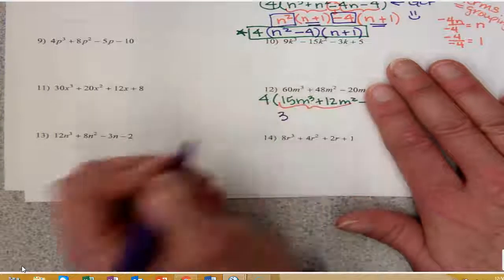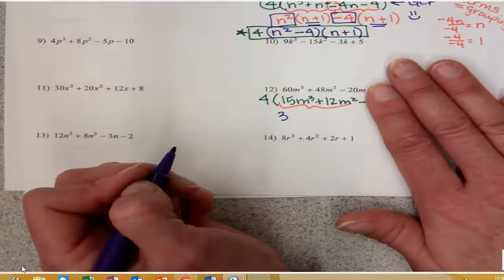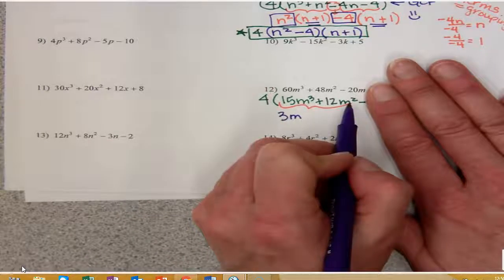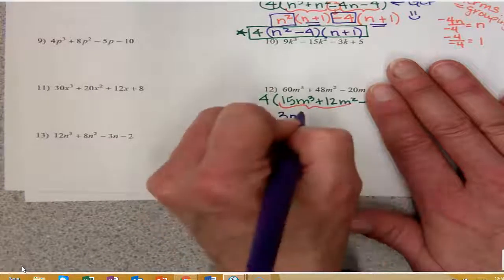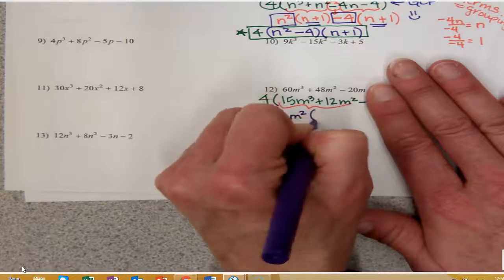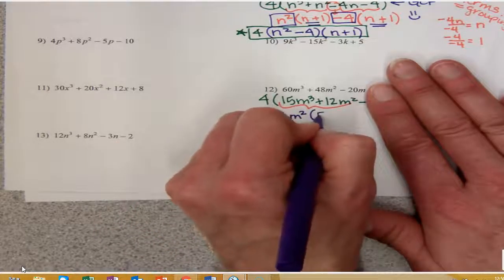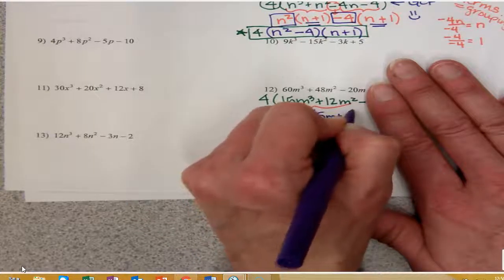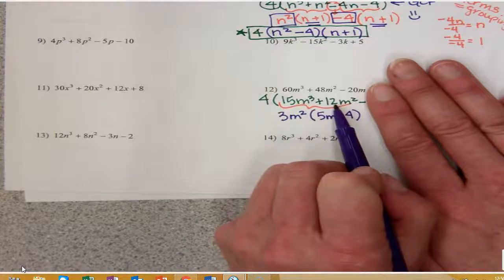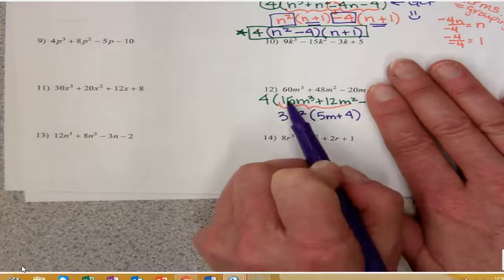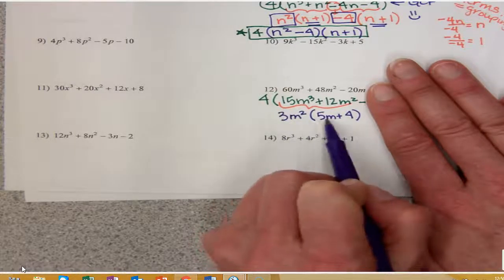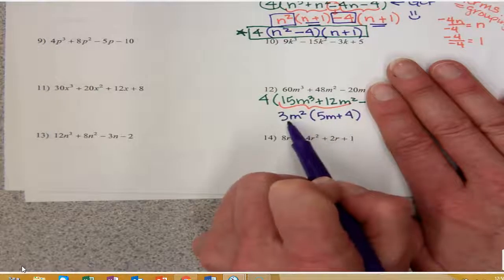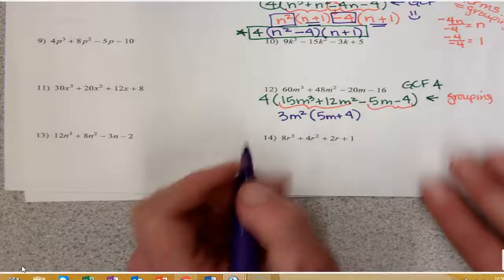But I can also factor out an m because both terms have an m in it. So I know I can factor out 1. 2 is my smallest number, so I know I can factor out 2 m's. And I'm left with 5m plus 4. I've divided 12m squared by 3m, and I've divided 15m cubed by 3m, and I'm left with 5m. 12m squared divided by 3m squared is 4.